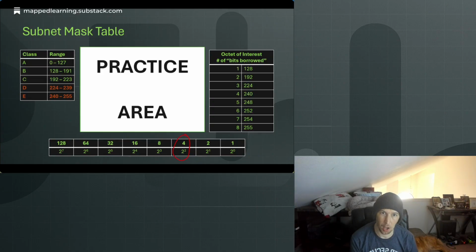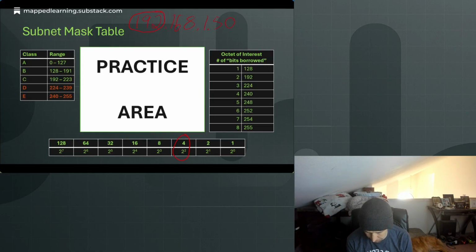Now, what do I mean by the octet of interest? Well, let's pretend I have an IP address here, and we'll use a familiar one, 192.168.1.50. Okay? So, by default, what is the subnet mask for this network? Well, first we have to determine what class it is. So we look at the very first octet and the first octet only.